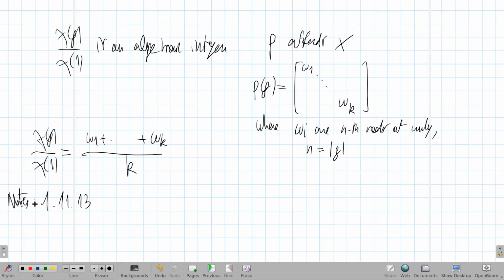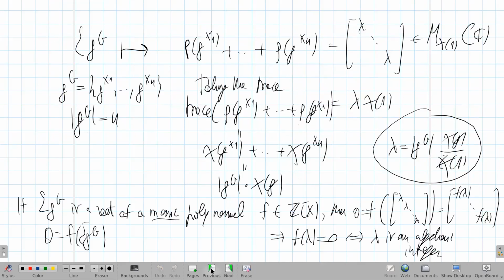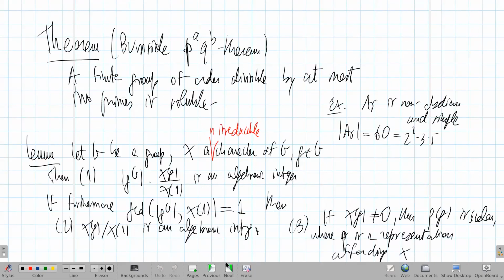In case you need to see it, it says that if you have a sum of roots of unity, k roots of unity divided by k, and this is an algebraic integer, then there are two possibilities. Either chi of G is 0, but in the lemma we explicitly rule this out, since chi of G is different from 0.